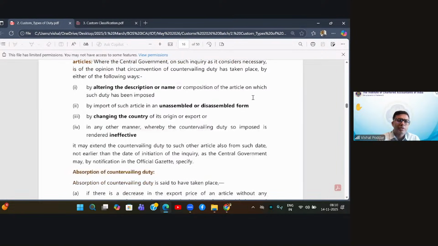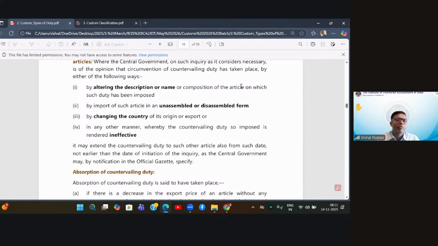What is the first method they try to circumvent? By altering the description or name or composition of the article. See, we are not going to levy this protective duty of countervailing duty on all goods coming from Cambodia, Vietnam. We will do it only on those specified goods where we know that their government is giving a subsidy.